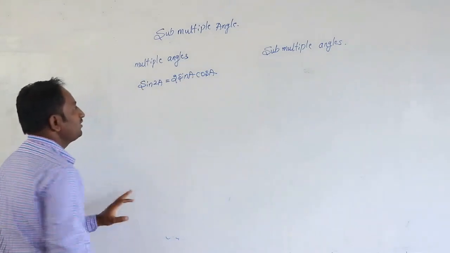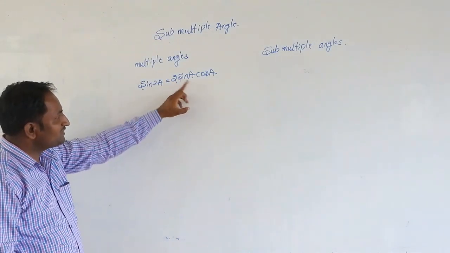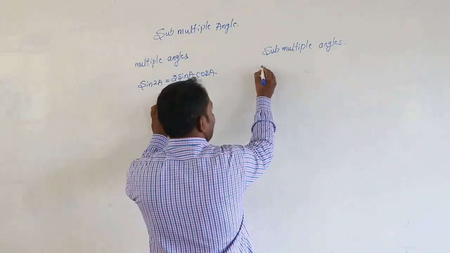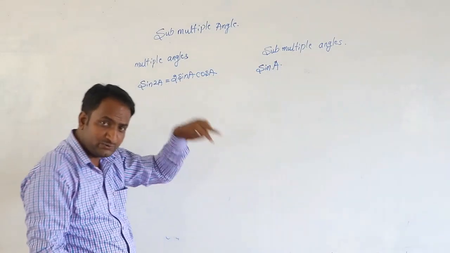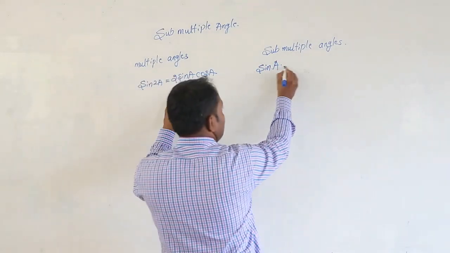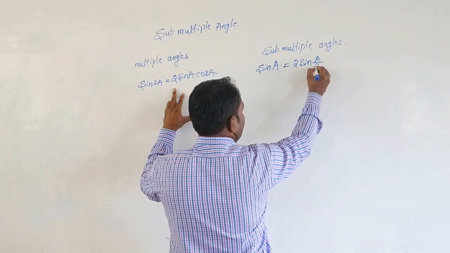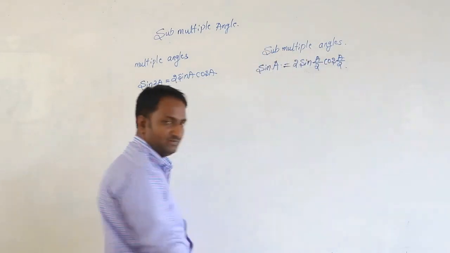This is the formula for multiple angle. Exactly half: here 2a reduced to a is equal to 2 sin a by 2 and cos a by 2. Cos of a by 2.